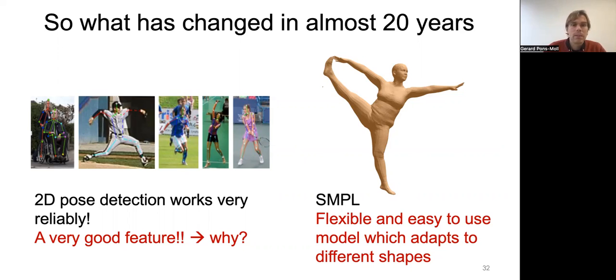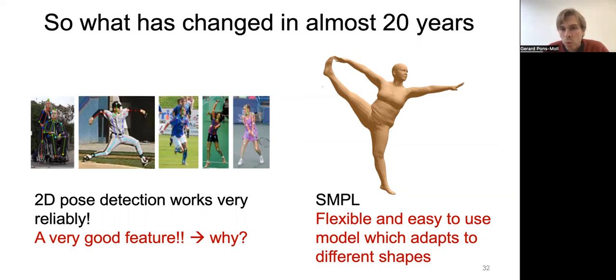For example, there are methods like OpenPose, which are widely used. And then there's the availability of 3D body models like SMPL that are flexible and easy to use. They don't require scanning the person and fitting the skeleton and all this tedious process. This is now fully automatized with a 3D body model, which is widely used in academia and industry.